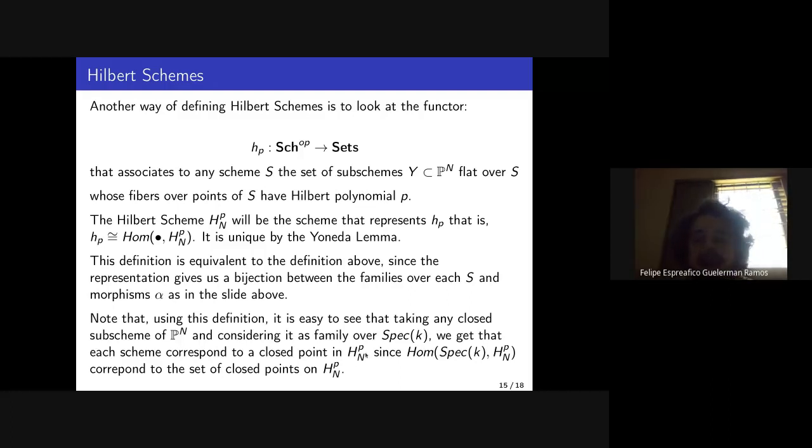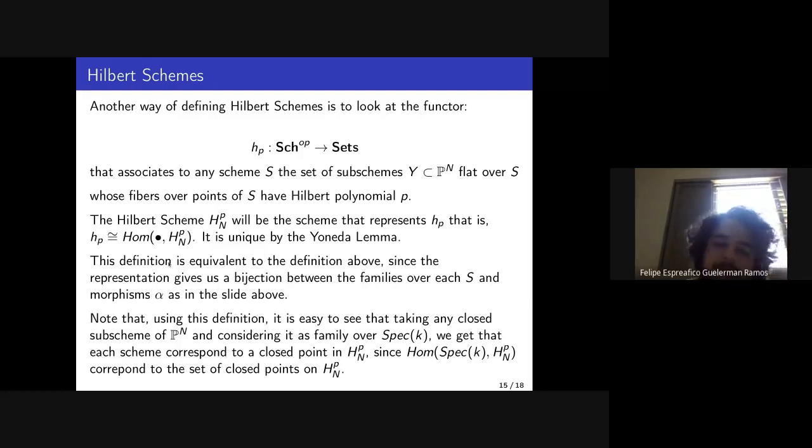So indeed, we gave a scheme structure to the set of all subschemes of Pn with the same Hilbert polynomial.